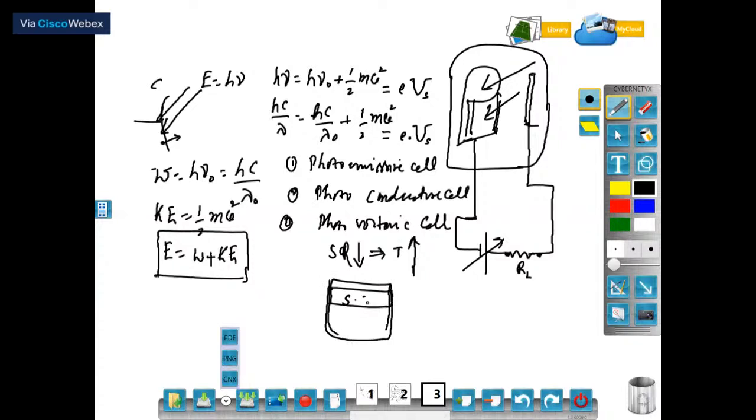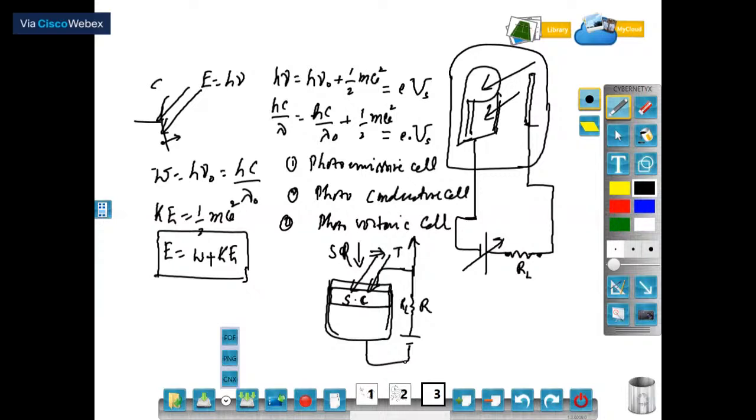When light is incident on the semiconductor, the temperature increases, and thereby the resistance decreases. The emitted electrons are made to move in the external circuit by applying a potential, positive and negative. This is the photoconductive cell.